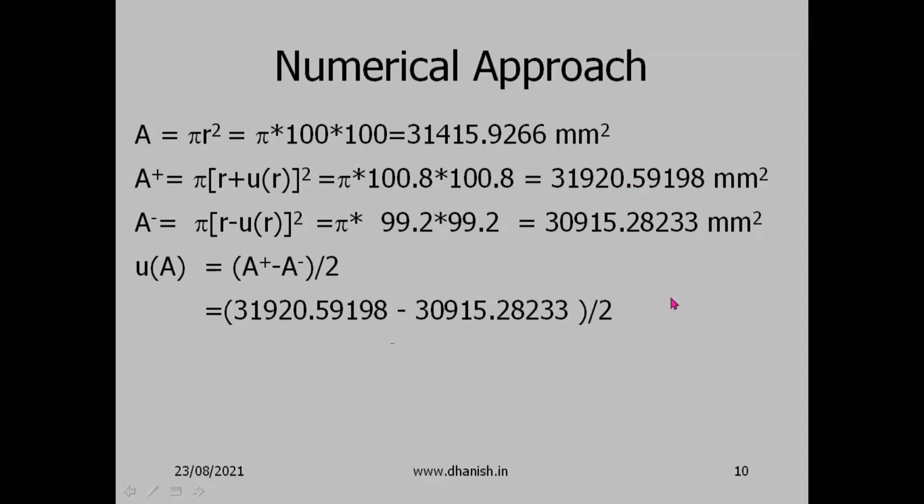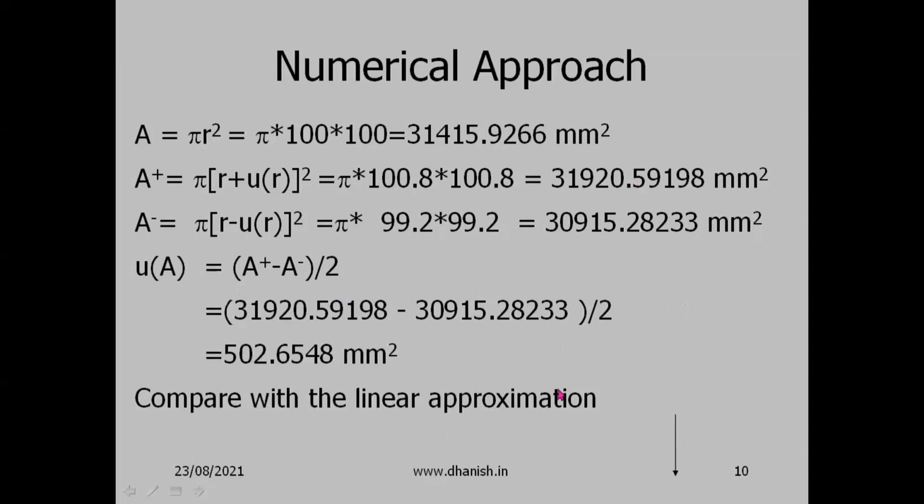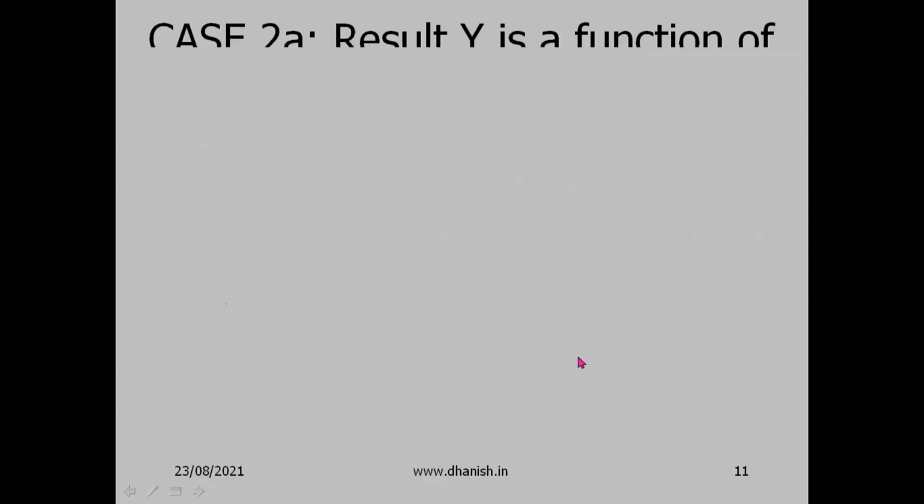So we directly get the uncertainty in area. Compare with the linear approximation, and we get the same answer. Even though this is r squared, if we take the average on either side, we get the same answer.